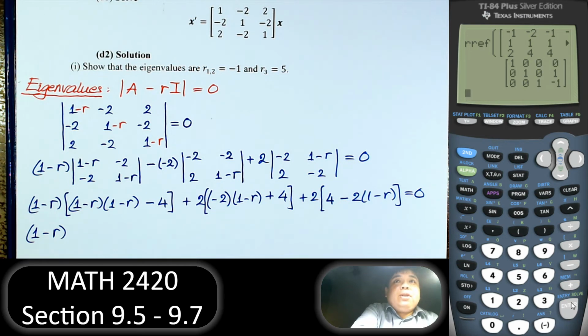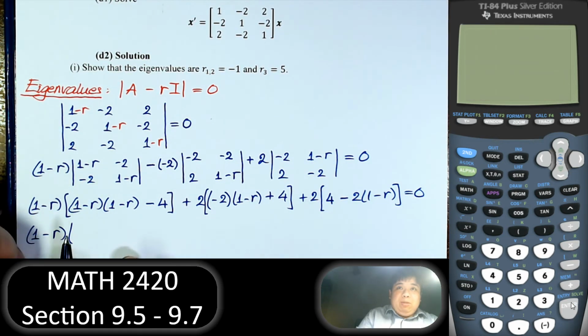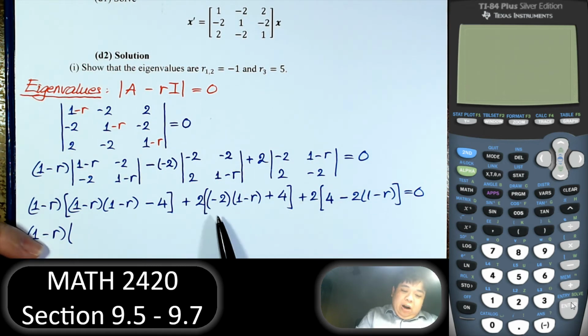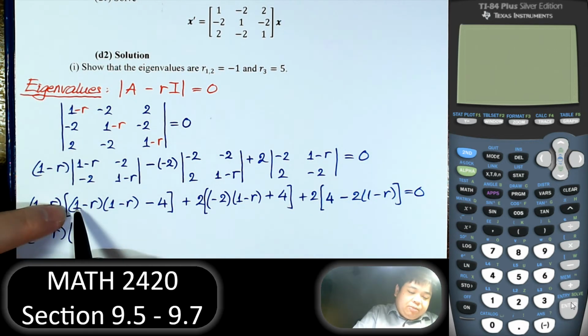Okay, what do we see here? Just multiply it out. Because when we simplify, over time we have the factor of 1 minus R, but that's not important.